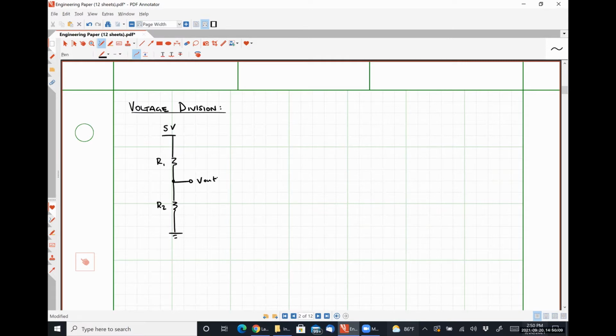We're going to develop a similar relationship, or actually the exact same relationship, but we're going to look at our style of circuit where we have some voltage, let's call it VDC, connected to some resistor R1, which is connected in series to some resistance R2, which is connected in series to some resistance Rn.